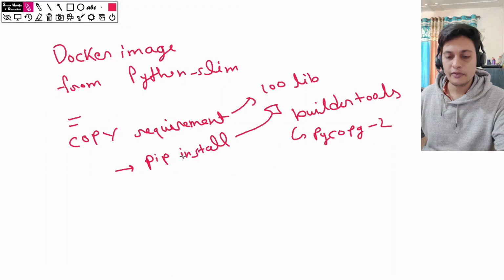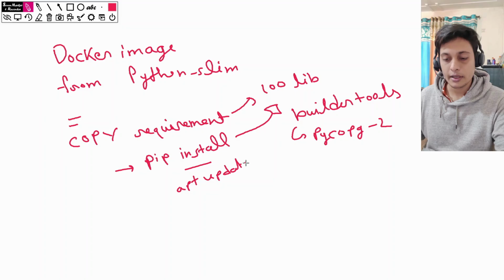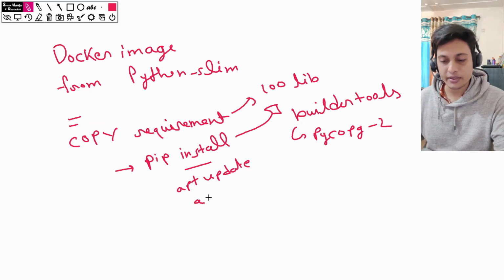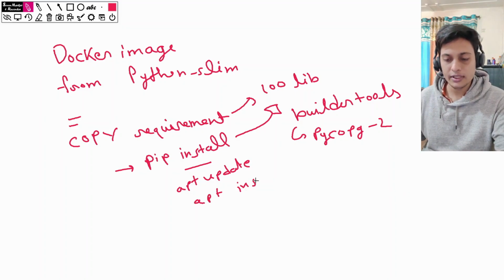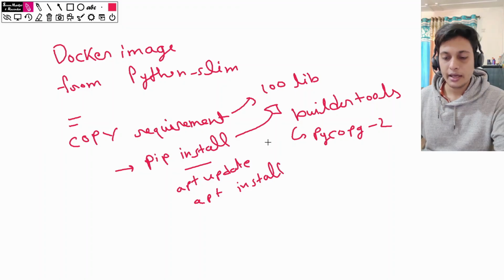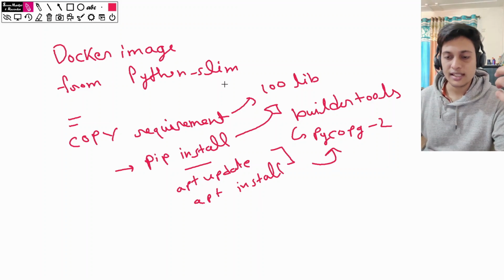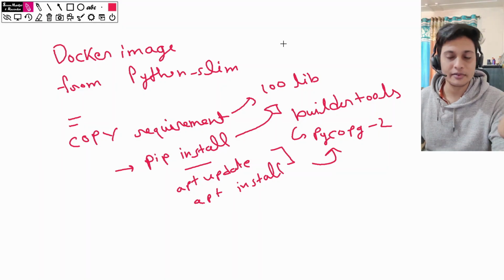So when we do the pip install, or some other command like apt update or apt install, anything you do inside this Docker image, it will take all those libraries and store them inside your image. So the final image which is created will contain all the builder tools as well.